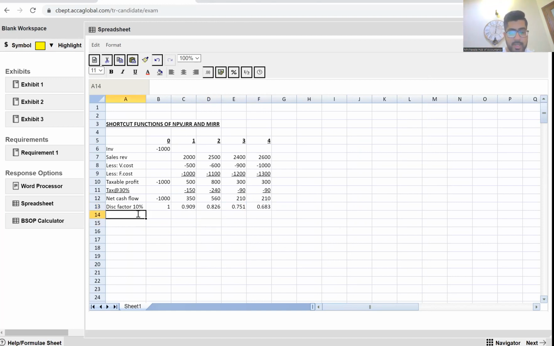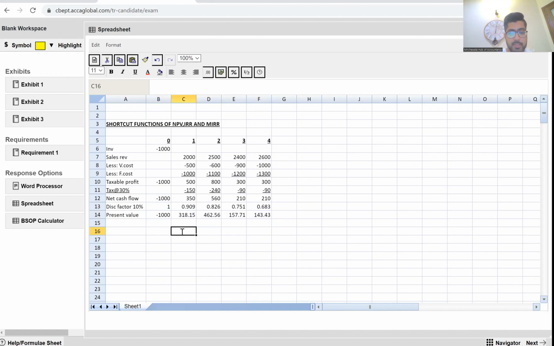Net cash flows into discount factor gives you present value. So it's B12 into discount factor, B13 present value, and no need to work on it again and again, just drag it.